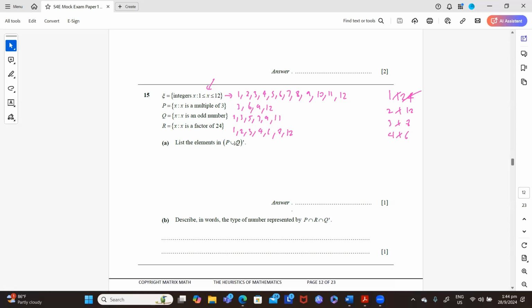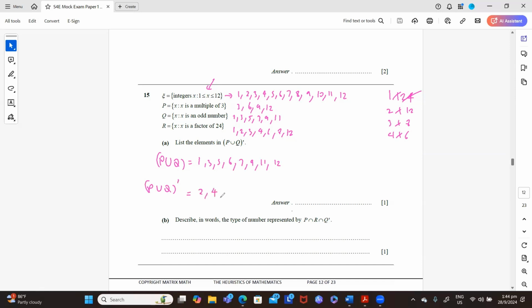So list the elements present in P union Q, but with a prime over here, which means it's the complete opposite. So let's figure out what P union Q is first. P union Q is 1, 3, 5, 6, 7, 9, 11, 12. So therefore, P union Q prime will be the complete opposite.